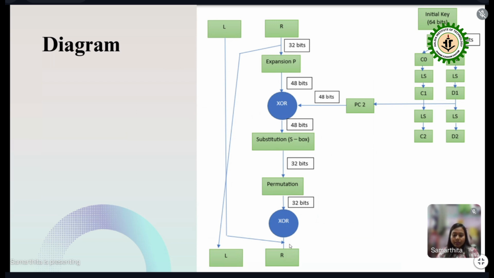Nothing else, just swapping: the right plain text becomes left and left becomes right.